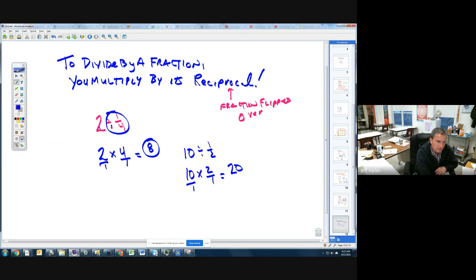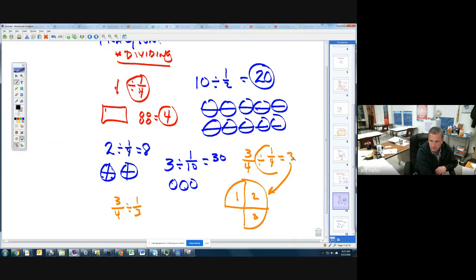Or if you go back to the 3/4 divided by 1/4, to divide by a fraction, always the second fraction, we flip and multiply. So it's 3/4 times 4/1, in which case you get 12/4, which is 3, which is what we got here. Yep, 3/4 divided by 1/4 is 3.